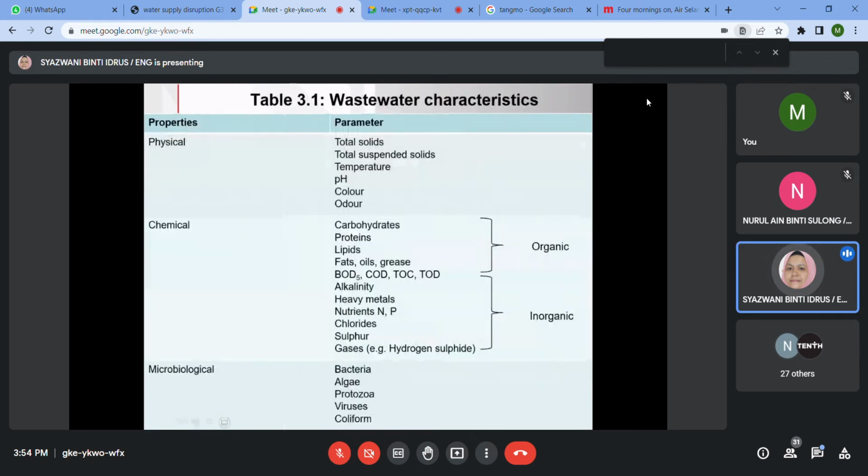Okay, these are the characteristics of the wastewater which we have studied before. It can be divided into 4 actually, but the one that I share with you now is 3. Physical: total solid, total suspended solid, temperature are the physical parameters. Chemicals can be divided into 2, organic and inorganic, and also microbiological.